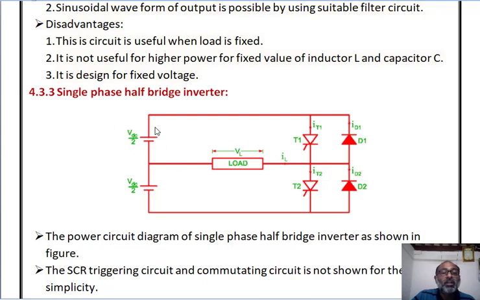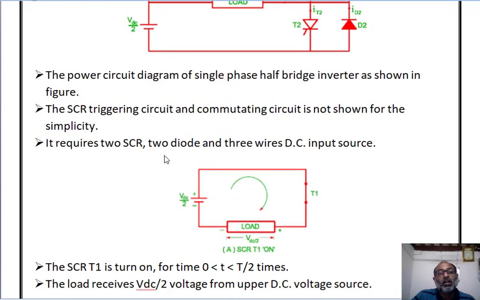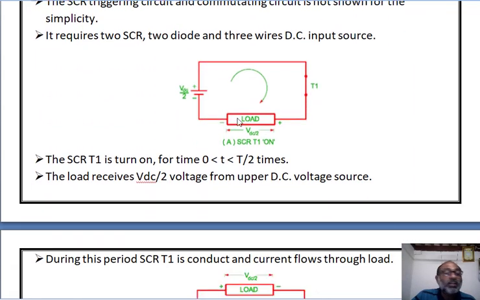This upper DC voltage source VDC by 2 is available across this load. So during this period, SCR T1 conducts and current flows through the load. Here you can see the current flows through the load from right to left.